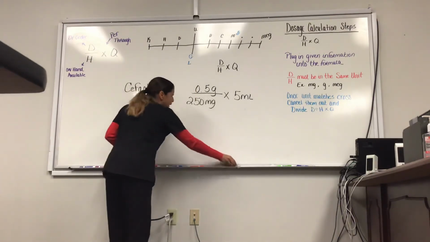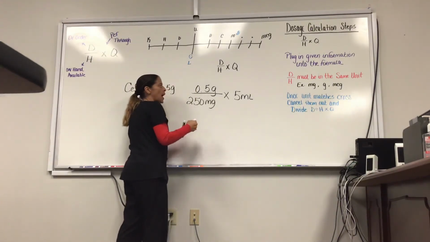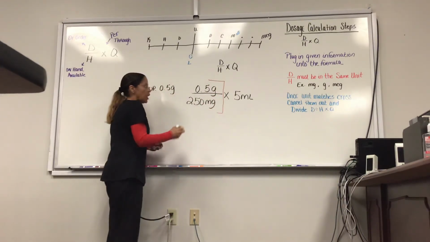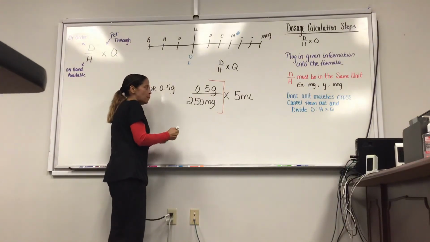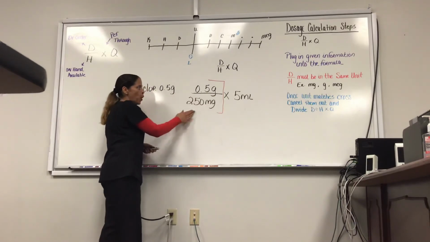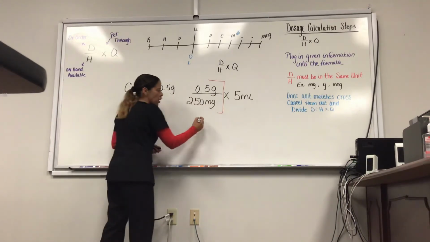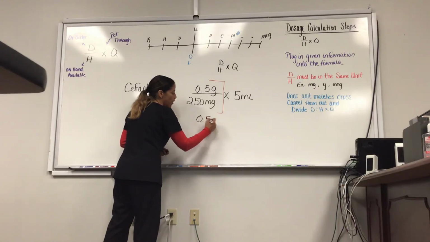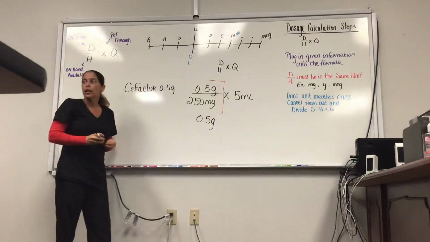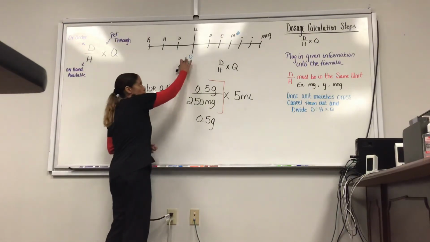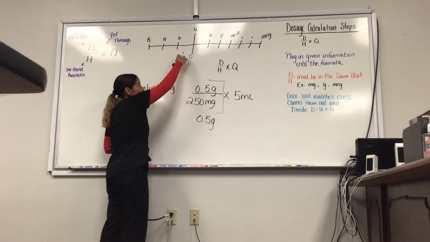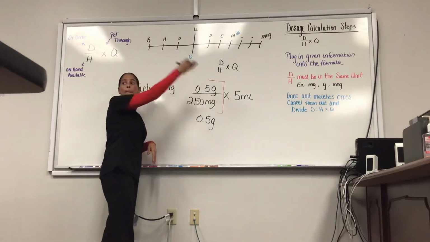First step, again, let's just take it side by side. Let's get this side taken care of. Don't worry about this part yet. Let's get that into the same unit. So we have to take what the doctor has ordered to what we have available to us. We would take that 0.5 grams, and where is grams on our tick line? It's your main unit. There's no prefix in front of it, it's straight grams. So we're going from grams, and we need to get down to milligrams.